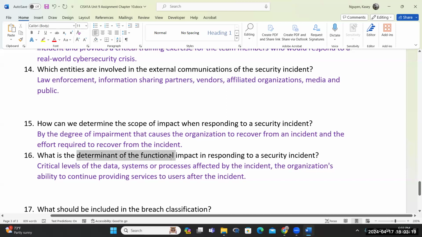So the determinant for the functional impact really depends on the data, the systems, and the processes that were affected by the incident. If the majority of the data is corrupted or impacted, then it is a severe functional impact.